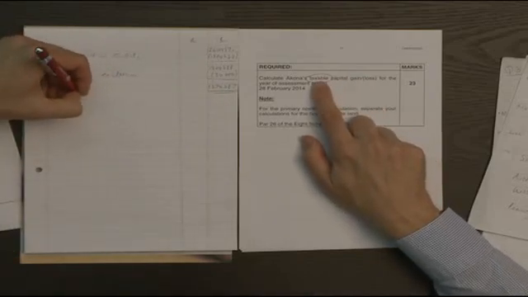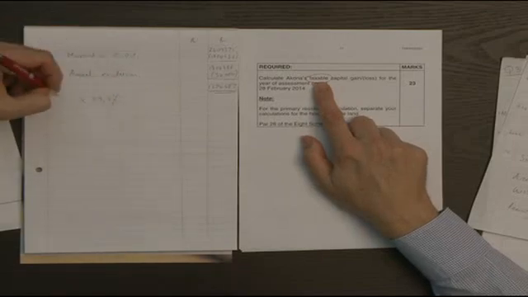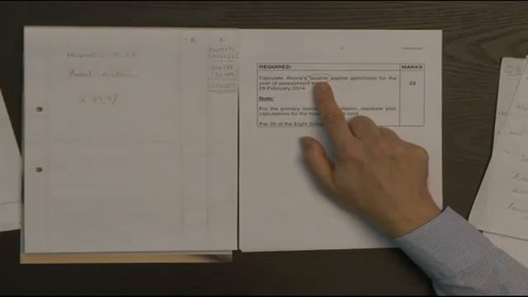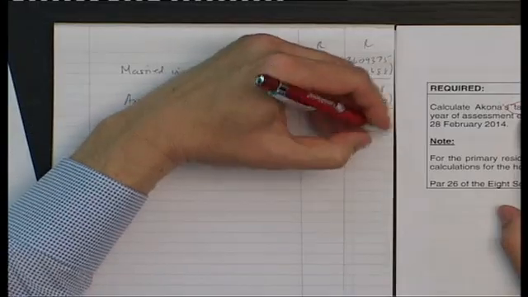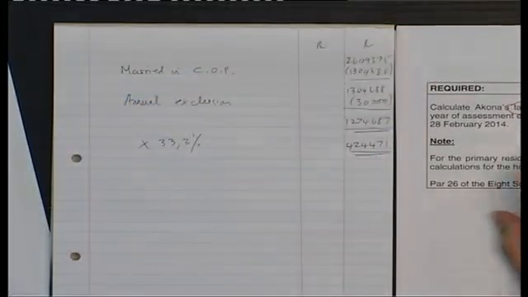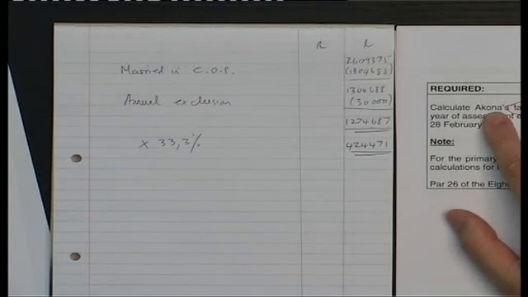So you simply multiply by 33.3%, multiply this amount by 33.3%, and that'll get you to 424,471. That will be included in the taxpayer's taxable income. And that, very simply, is the calculation of this taxpayer's taxable capital gain.